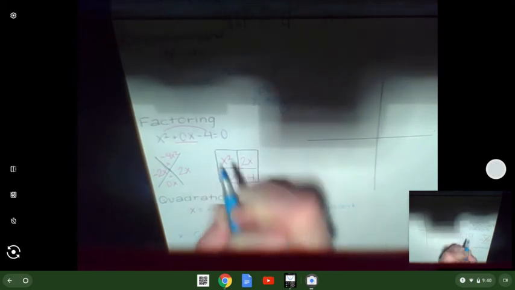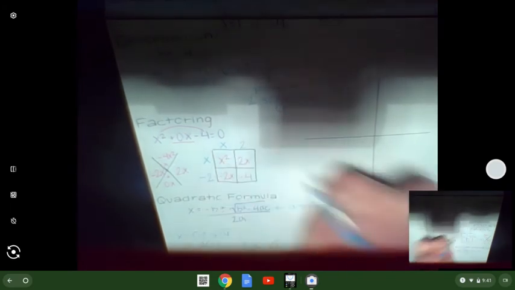And then working out and up, I'm going to identify my greatest common factor, my GCF. X squared and 2x have x in common. Negative 2x and negative 4 not only have a negative in common, they have a 2 in common. X squared and negative 2x have an x in common. And 2x and negative 4 have a 2 in common.